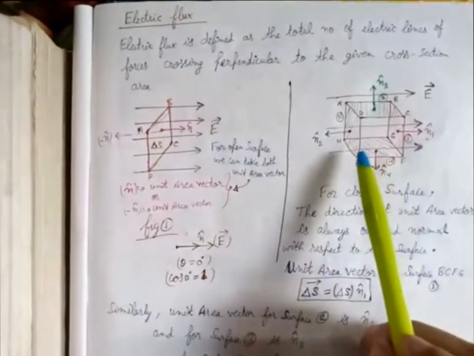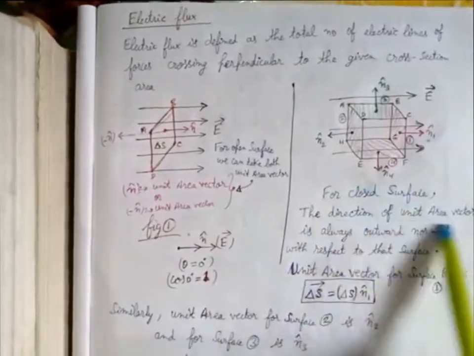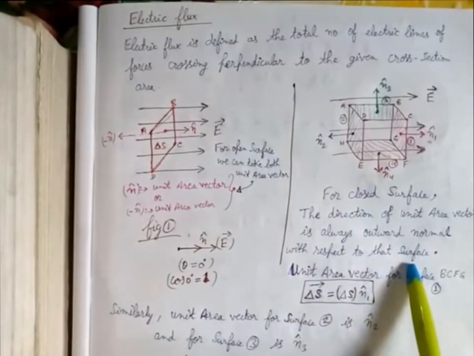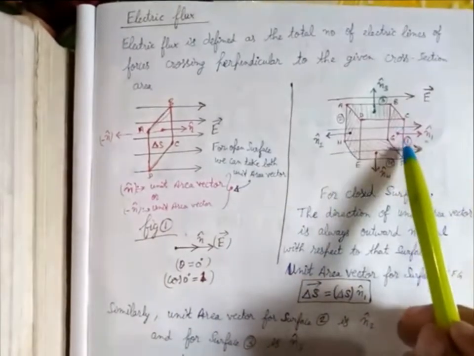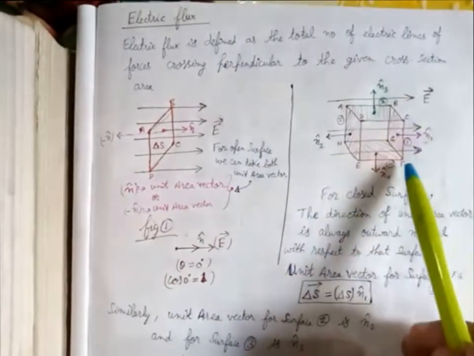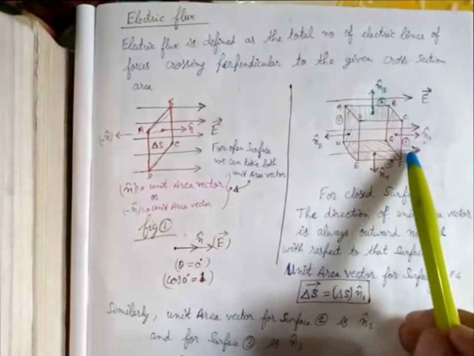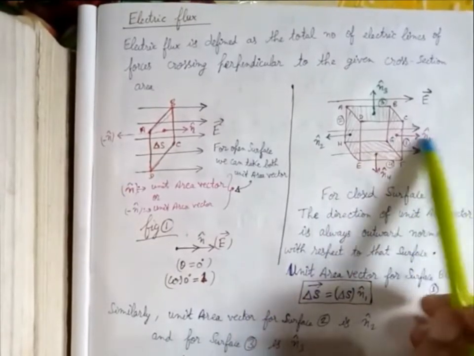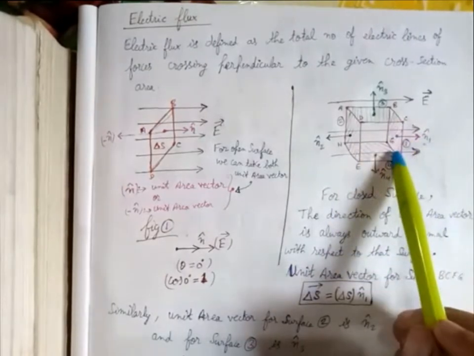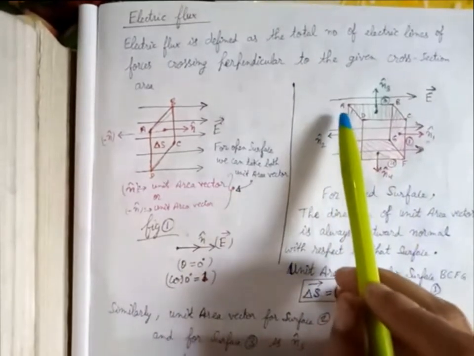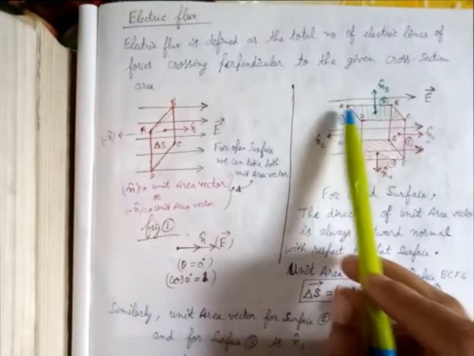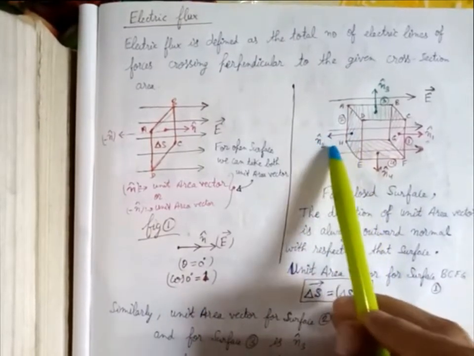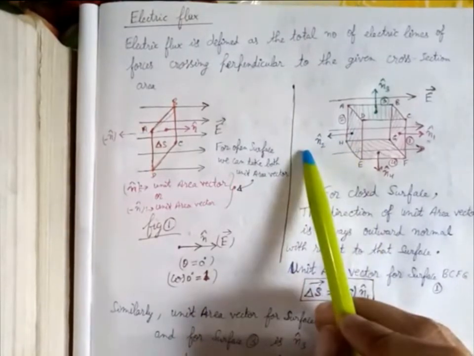But in case of the closed surface, the direction of the unit area vector is always the outward normal with respect to that surface. It means in this surface 1, that is BCFG, the area vector n1 cap will be the outward normal with respect to this surface. In the same way, in this surface ADEH, the unit area vector n2 cap is the outward normal.